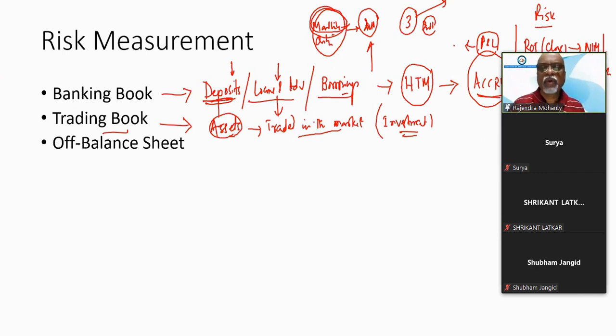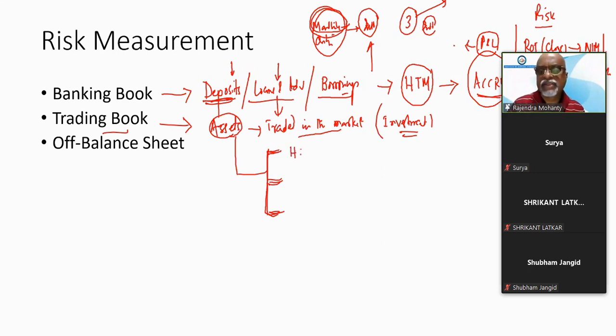Here, these assets which are traded in the market can be of three categories. Again, remember very carefully. I will not repeat it again because a question will be asked on this, so please listen carefully. The investments or assets kept in the trading book may be of three types.